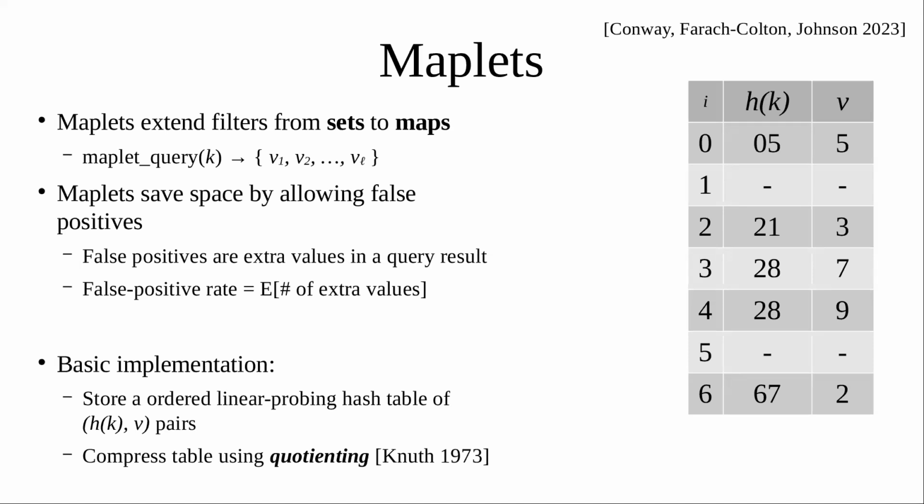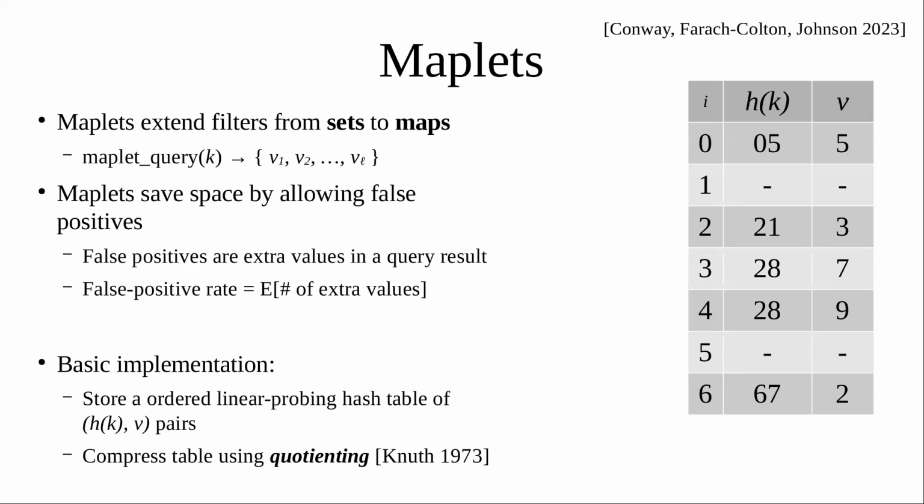There's a very simple implementation of a maplet you can build based on ideas from quotient filters. You just use a linear probing hash table, something like this, where every cell of your hash table can contain a single hash of a key and a value that's associated with that hash. And so to do a lookup, you just do a standard linear probing query.